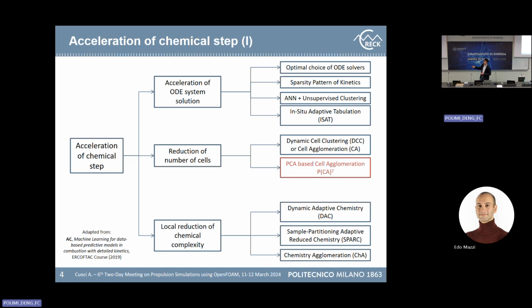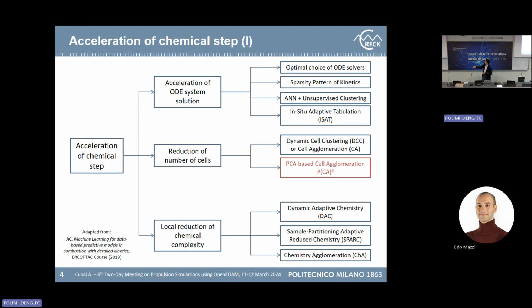We can try to reduce the number of cells, which means that thanks to cell agglomeration techniques, we can group together cells which are similar in thermochemical state. We create clusters and integrate at the level of clusters instead of single cells, and so we can save time.